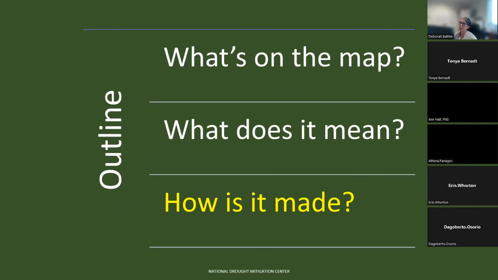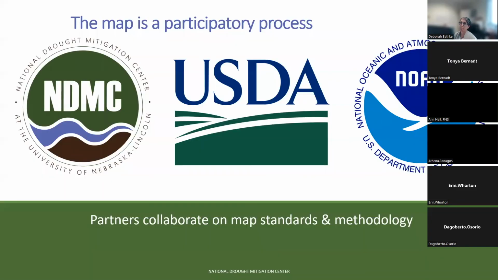So how do we make the map? I like to think about the map as a participatory process where we have involvement from different groups of people at different levels. The very first thing that I would like to point out is that the map is a partnership among the National Drought Mitigation Center, the U.S. Department of Agriculture, and NOAA, the National Oceanic and Atmospheric Administration.